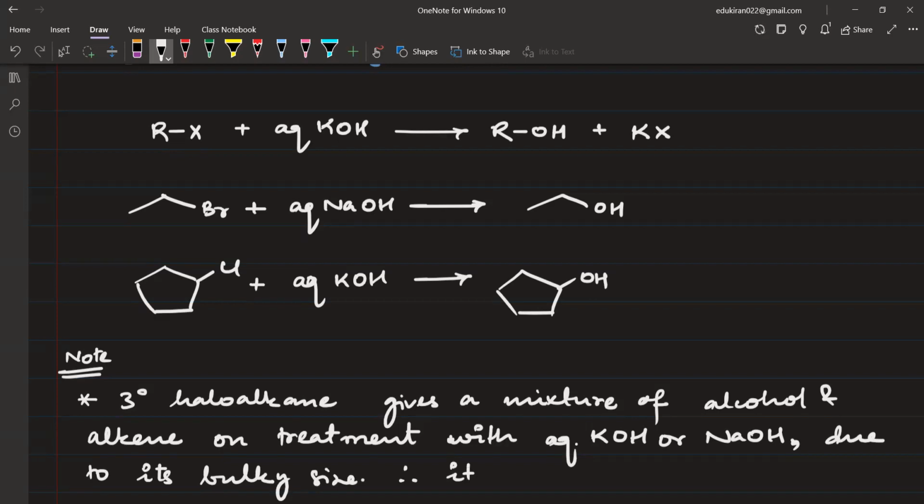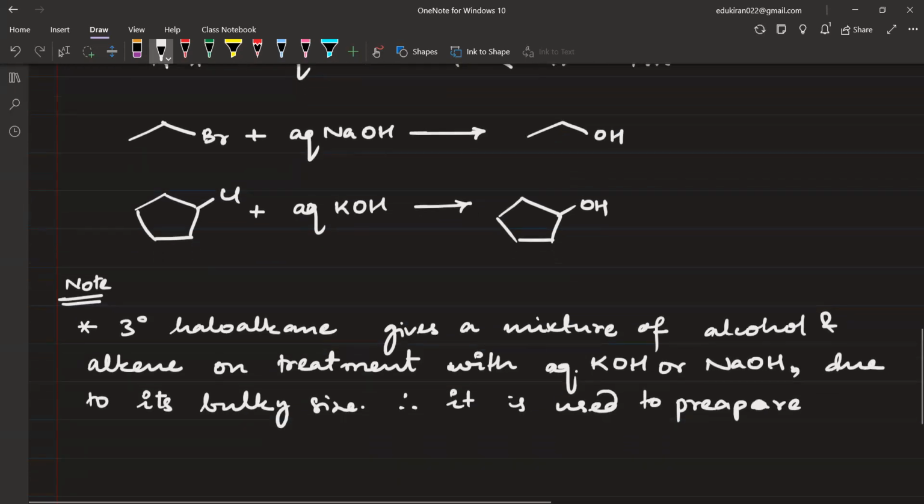Therefore, it is not used to prepare 3-degree alcohols.